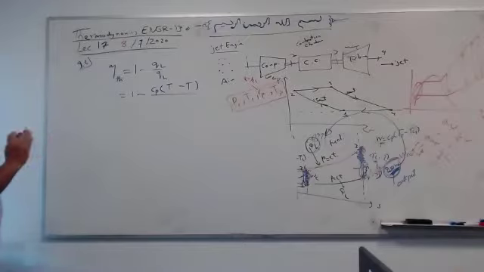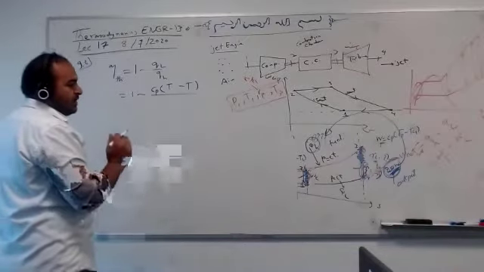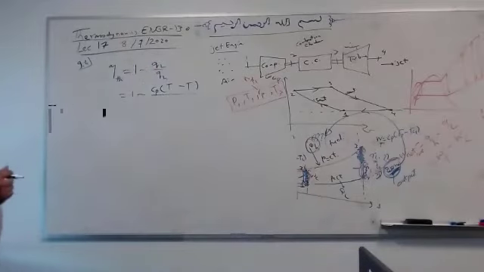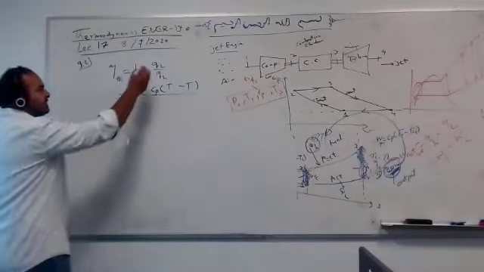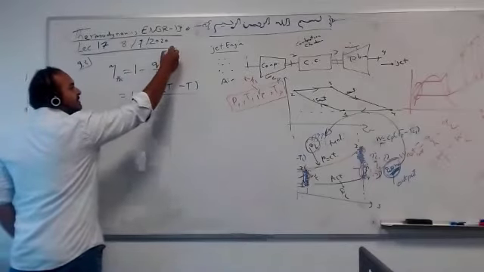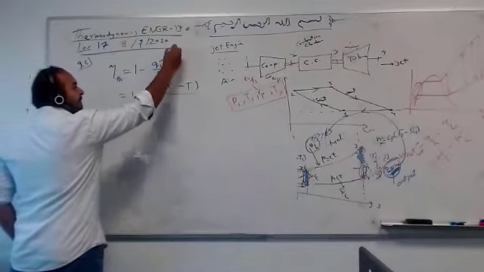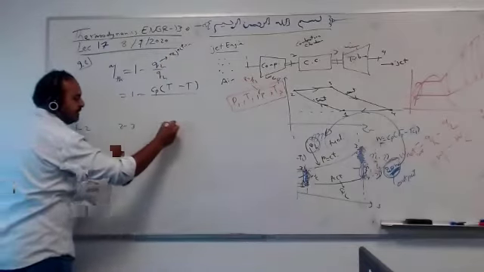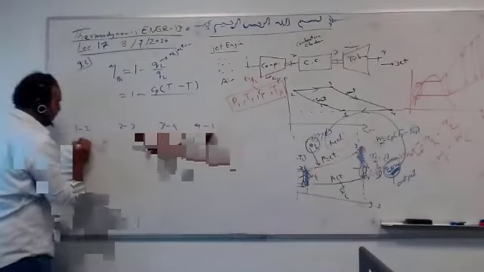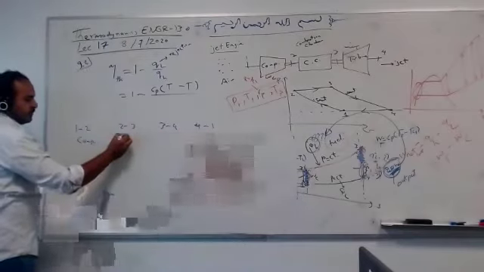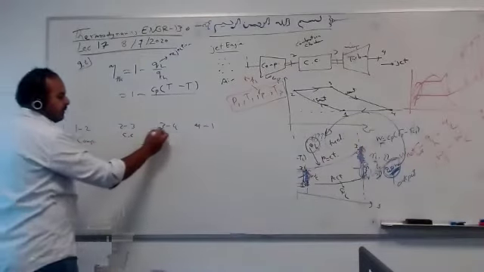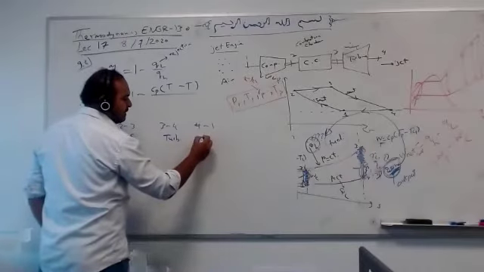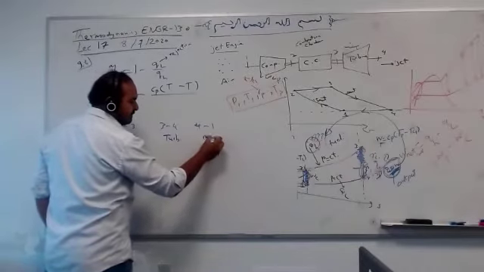So 1 to 2 compressor, 2 to 3 heat addition in the combustion chamber or boiler, 3 to 4 turbine, 4 to 1 rejection, like a condenser.